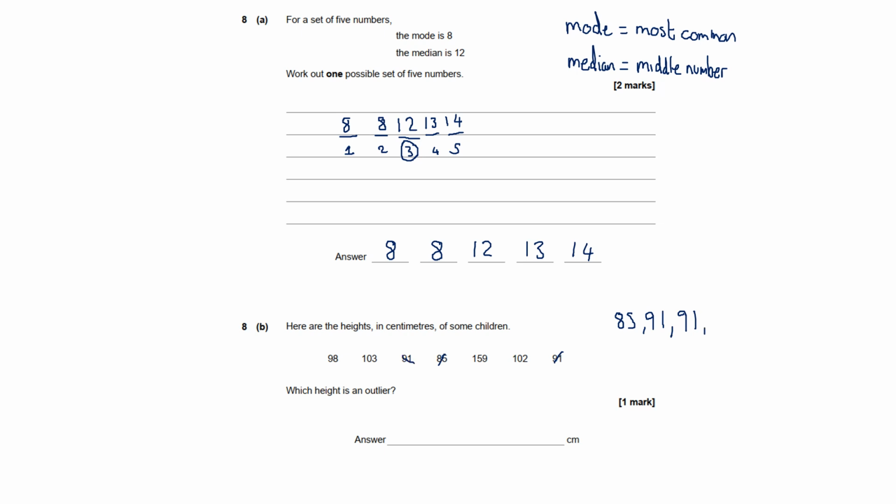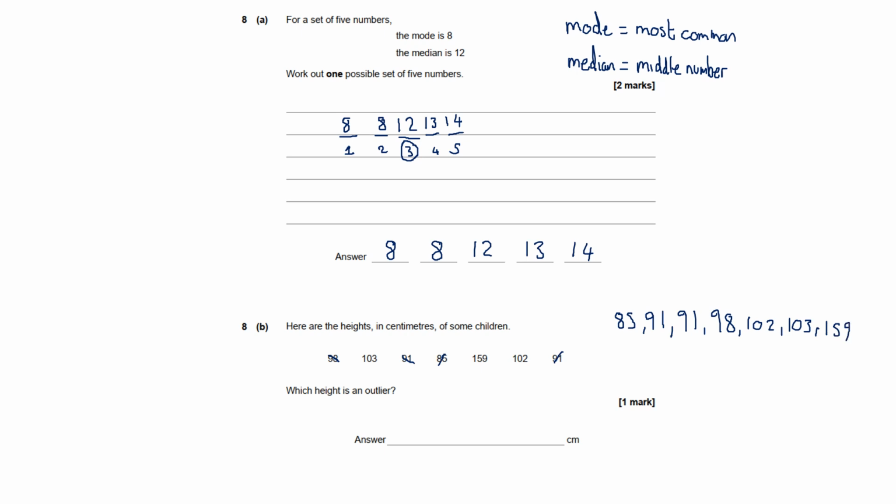Then it looks like 98. So again, cross out 98. And then I can see the last 3 now. So 102, 103, and 159. For you in your exam, if you want to mark them off, you can do.